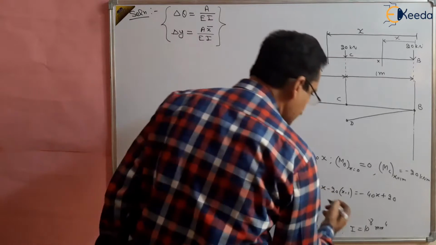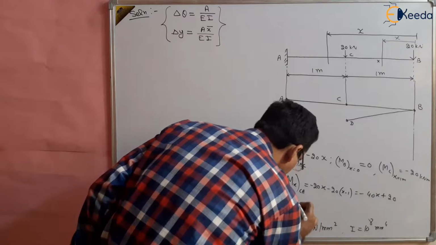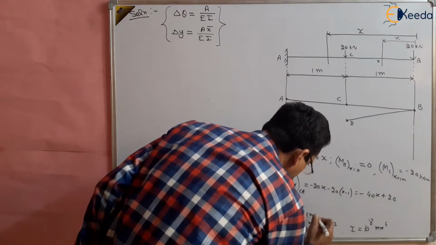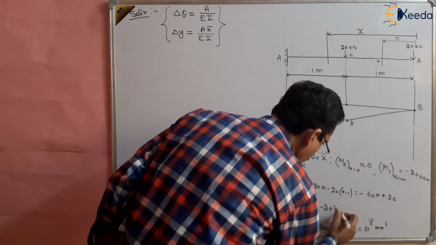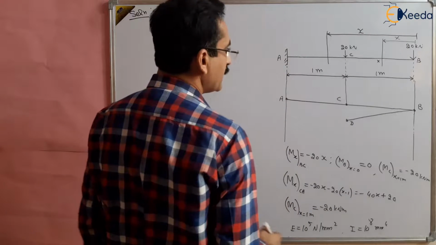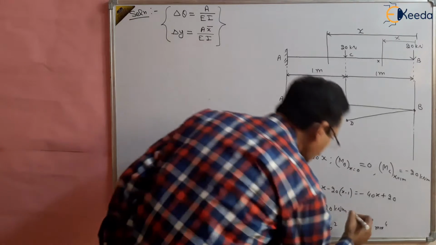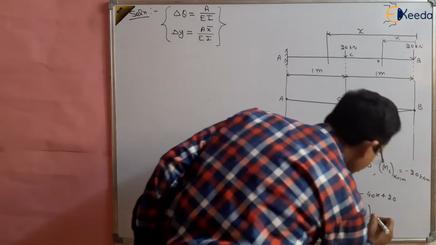So what is MC? At the C point, x is 1 meter. So this will come out to be minus 20. This value is MC. And MA at A point, x will be equal to 2 meters.